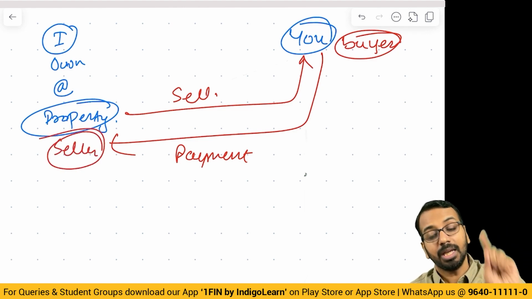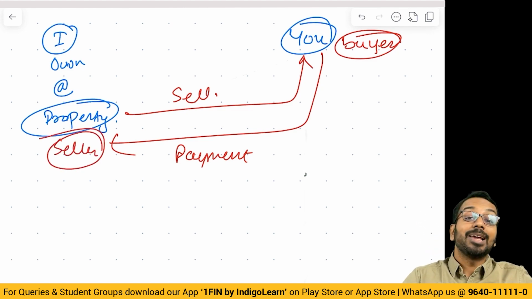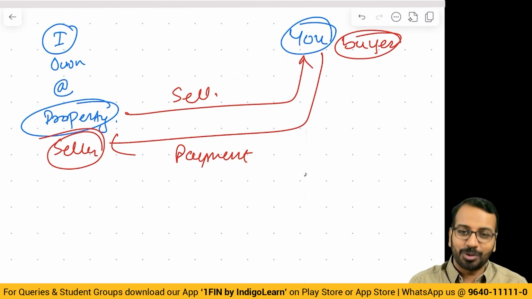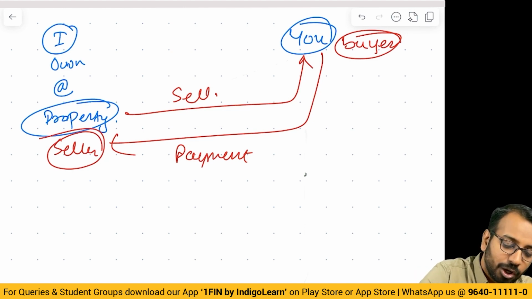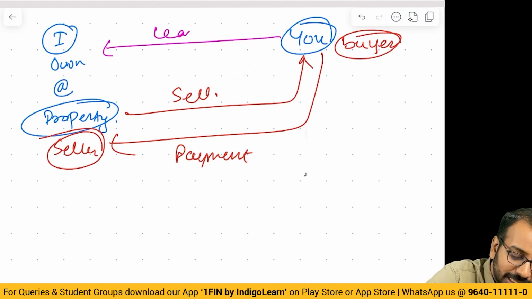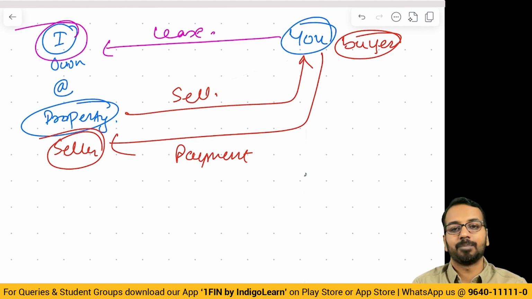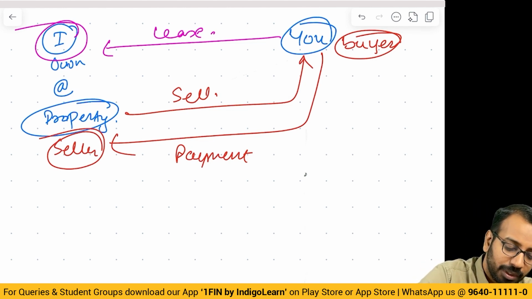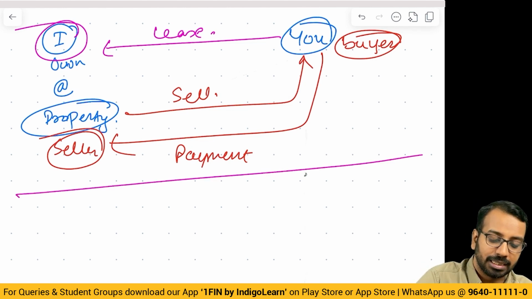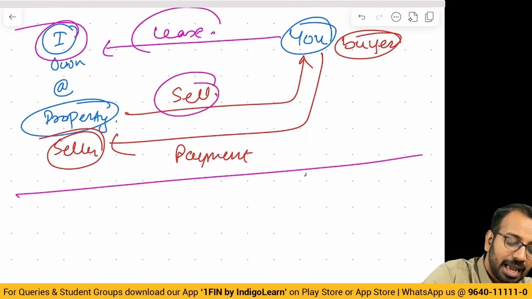I have sold the property, you have bought the property. But I want to use the property. Then in that case, you will enter into one more arrangement with me, and you will lease the property back to me. When you lease the property back to me, and if this is a part of a single transaction, it is called sale and leaseback.